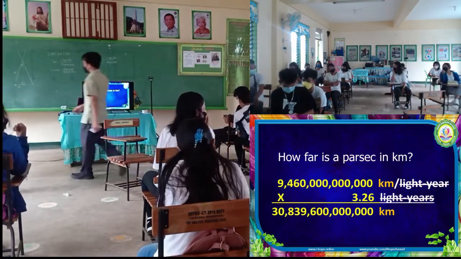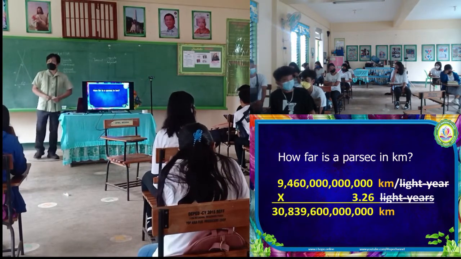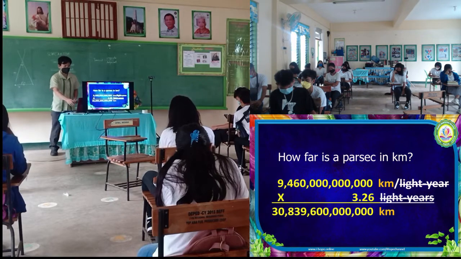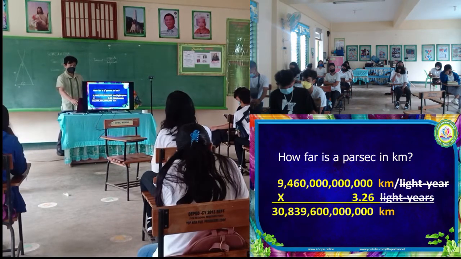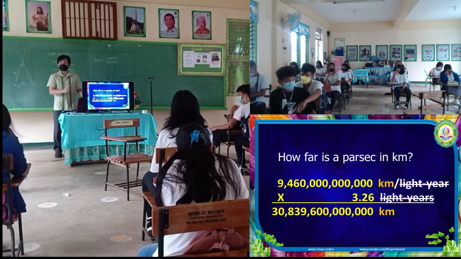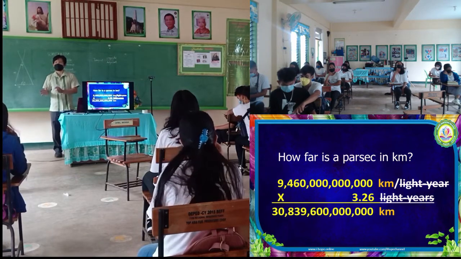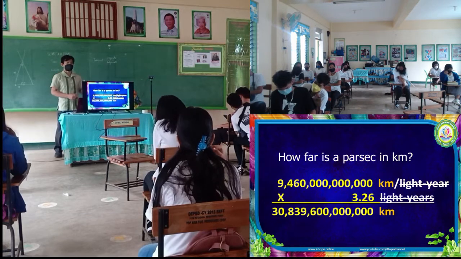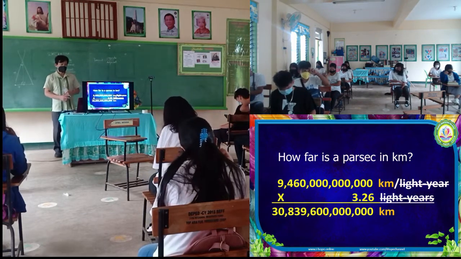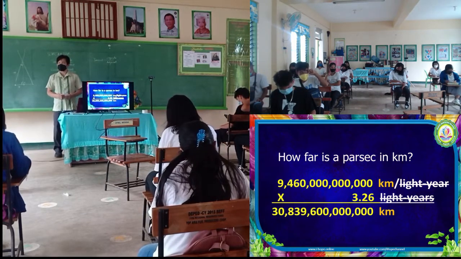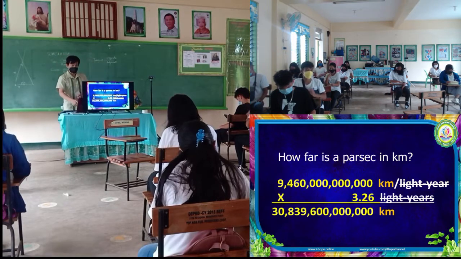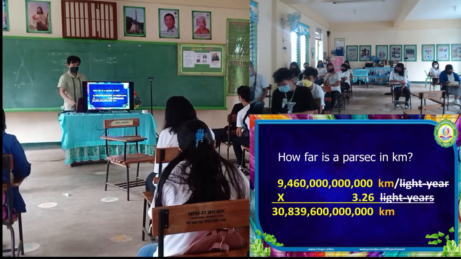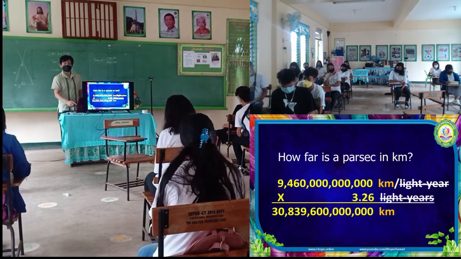Imagine the distances astronomers measure. One parsec is equivalent to 3.26 light years. So 1 light year is 9,460,000,000,000 kilometers, multiplied by 3.26, which is equivalent to about 30 trillion. That is how far one parsec is.